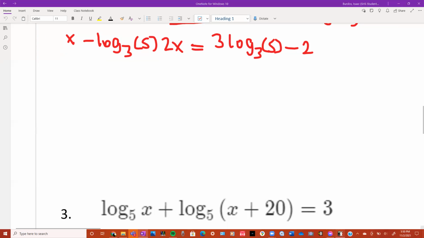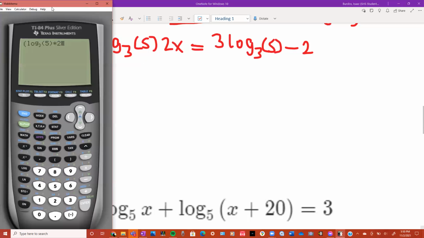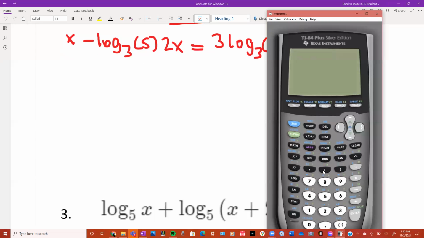Let's go to the calculator. So right here, there's no coefficient that we see, so we're saying that's 1, and we need to subtract that minus log base. So we need to go not second, math. Then 3 base 5, but remember, also times 2.